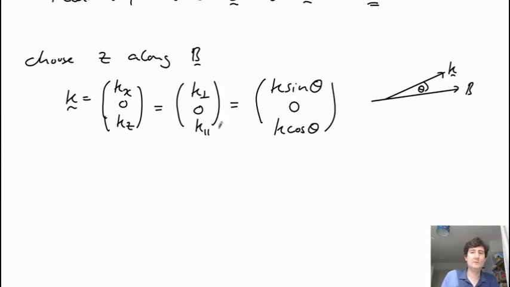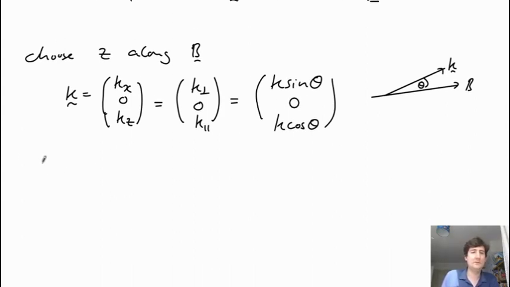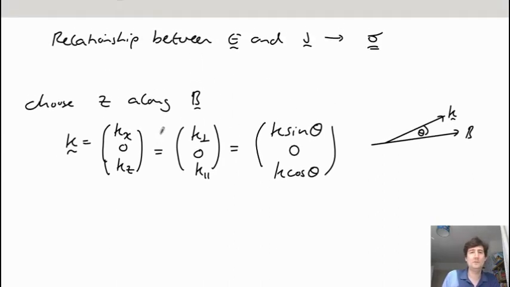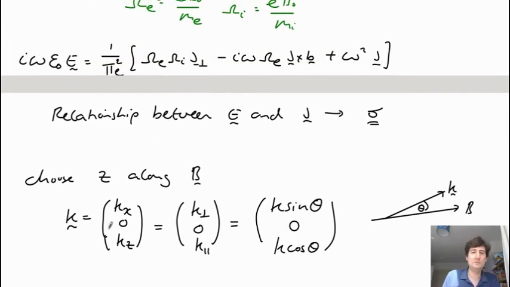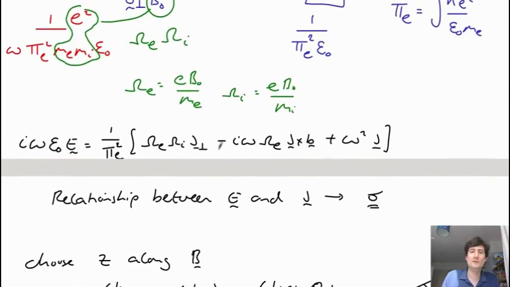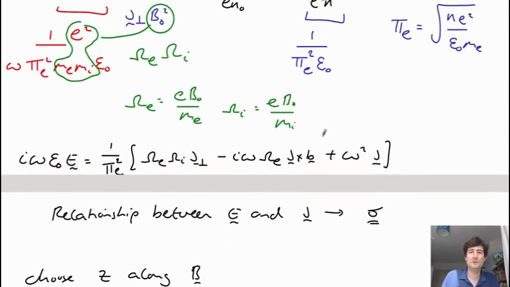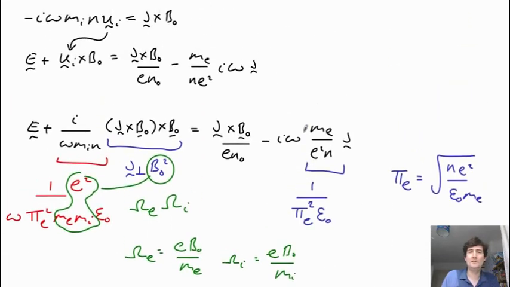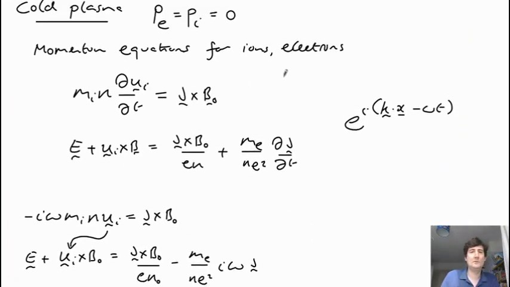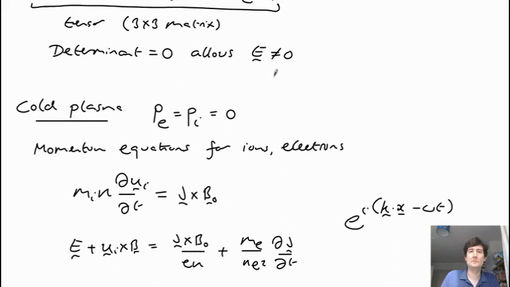Okay, using this basis, we can write down an expression for what the electric field looks like by putting this expression for k and b into this plasma response expression, and combining that with this expression from Maxwell's equations.